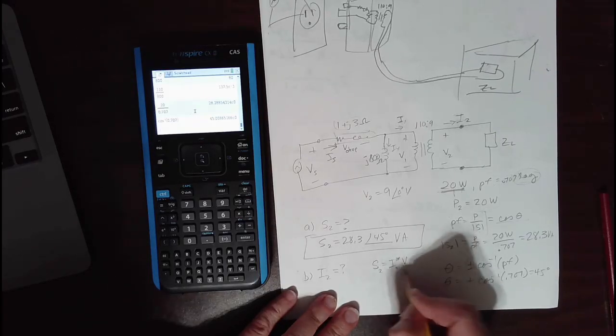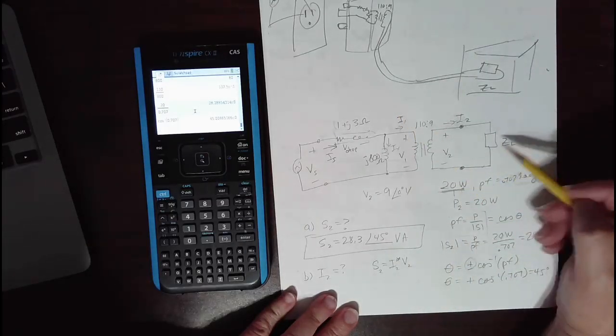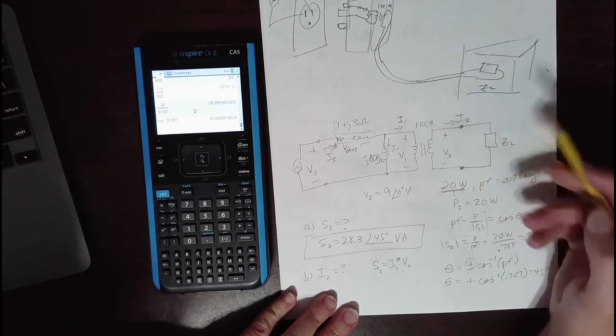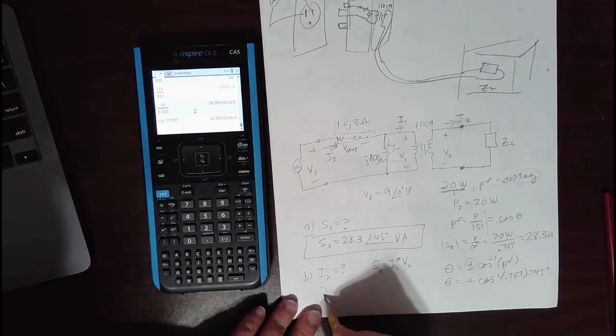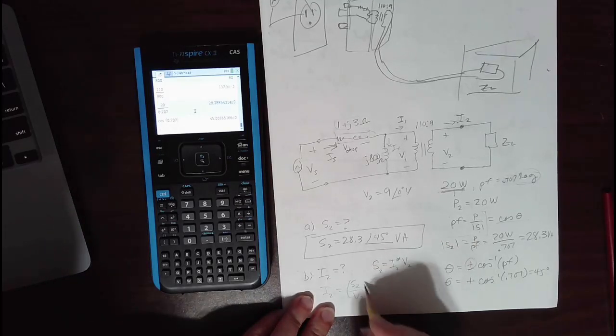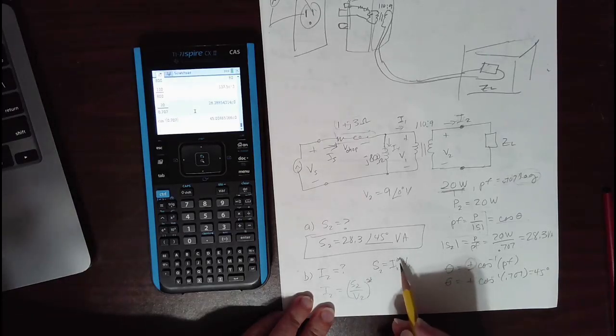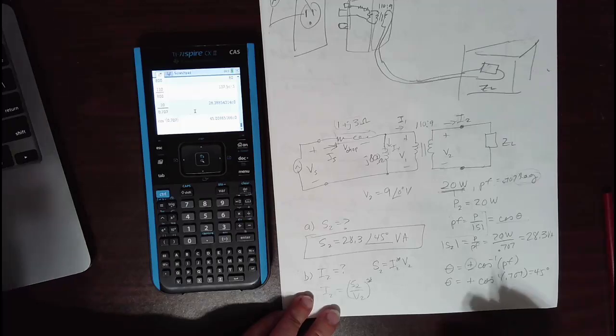S2 is V2 and I2. So I2 must be S2 over V2 conjugated. Remember, when you take the conjugate of something, you make all the angles negative and all the j's negative of what they were.